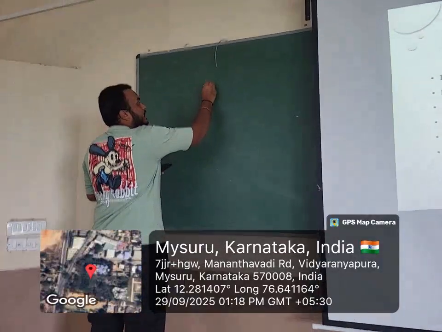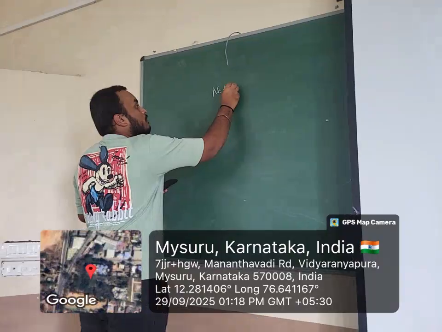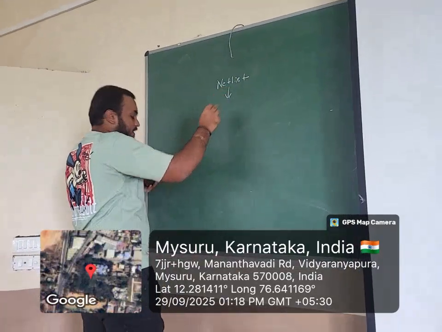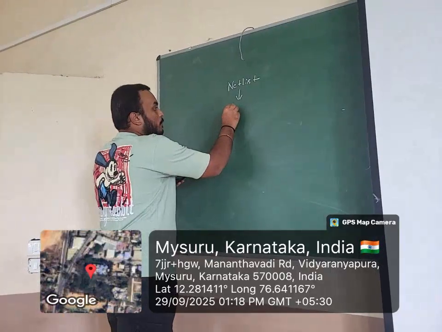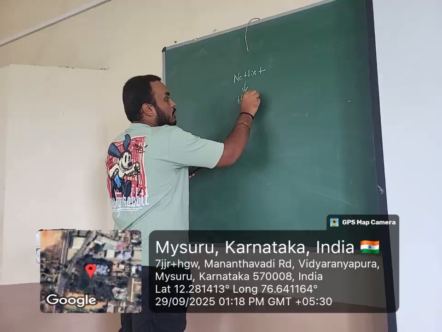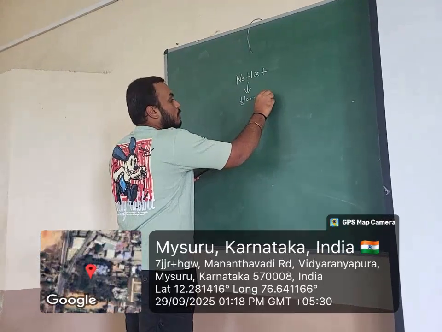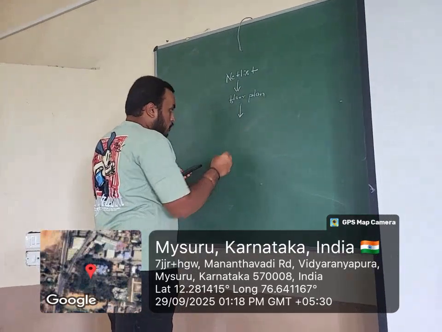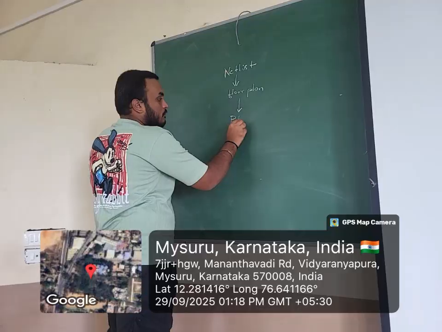First, we generated the netlist. After getting the netlist, we move to the floor plan. After the floor plan, next we go to the placements.